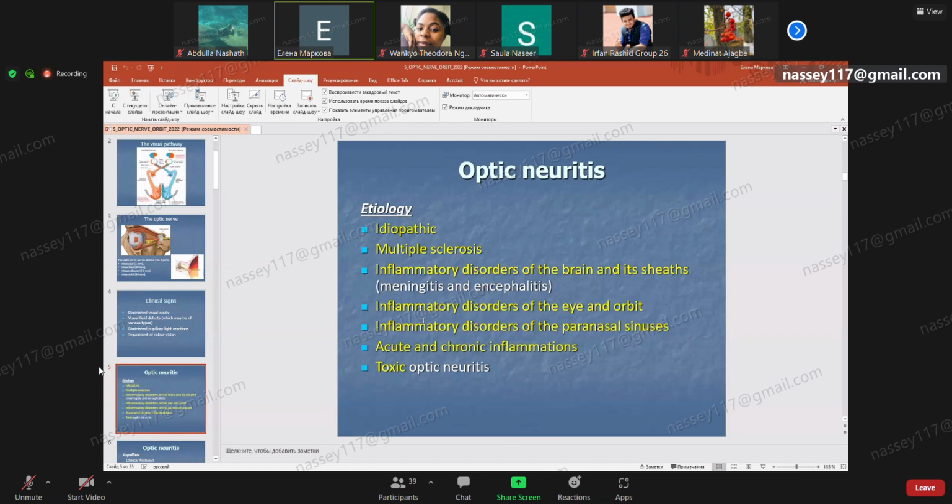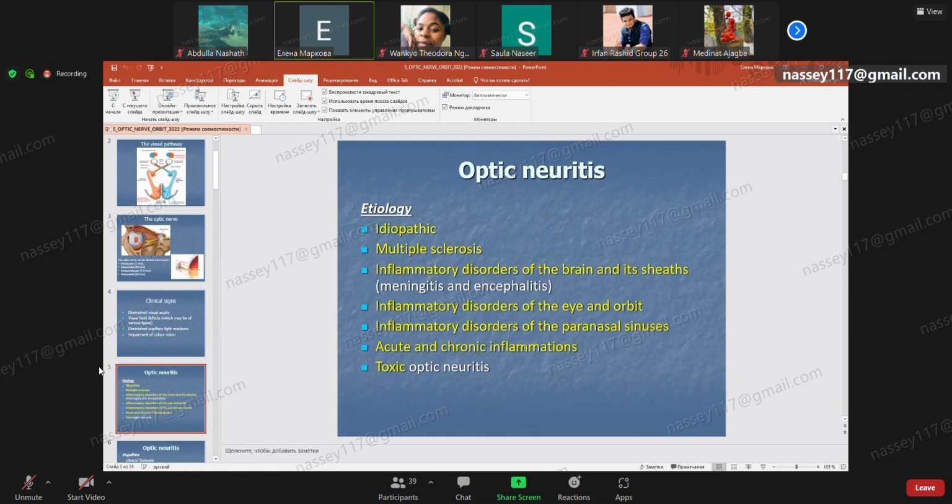It's the commonest cause of monosymptomatic acute idiopathic optic neuritis. Thirdly, inflammatory disorders of the brain and its sheath, meningitis and encephalitis. Fourth, inflammatory disorders of the eye and orbit. Next, inflammatory disorders of the paranasal sinuses.